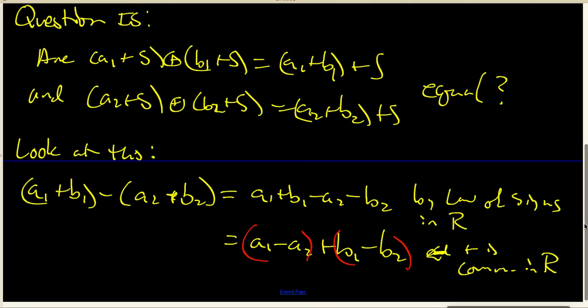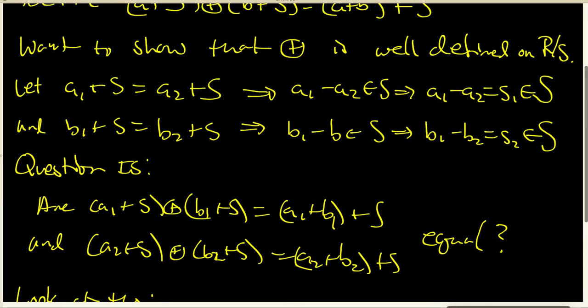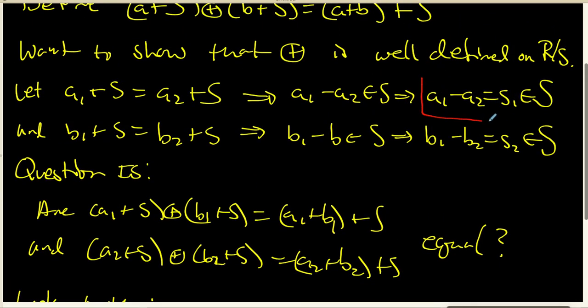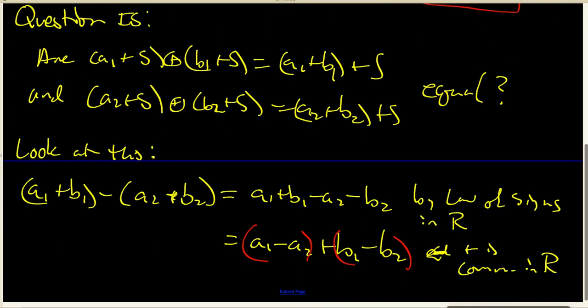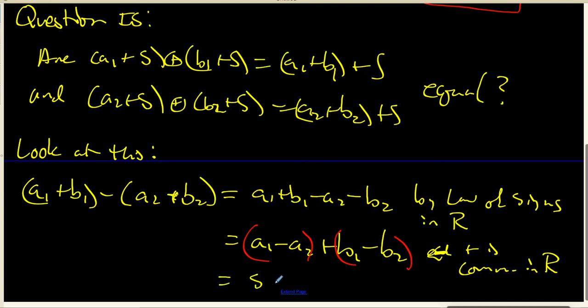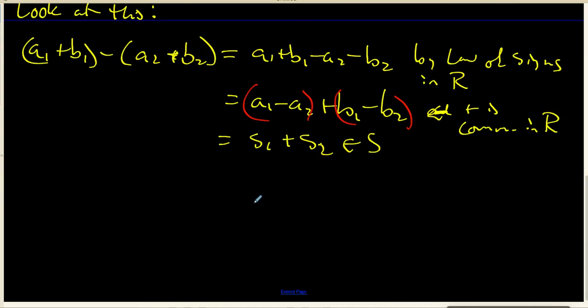And I want to remind you that we know that A1 minus A2 is equal to s1, and B1 minus B2 is equal to s2. So we substitute, and we've got that this is s1 plus s2, and that has to live inside S because S is a subring.